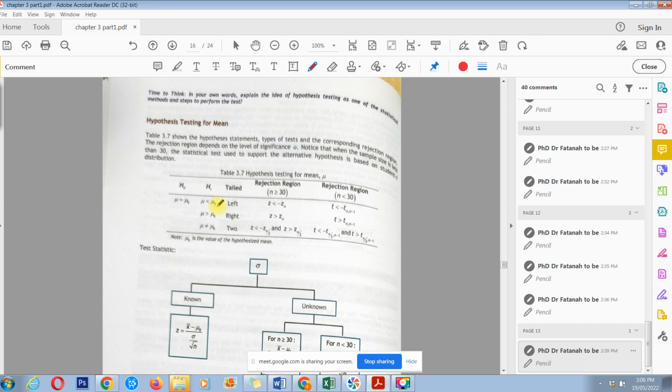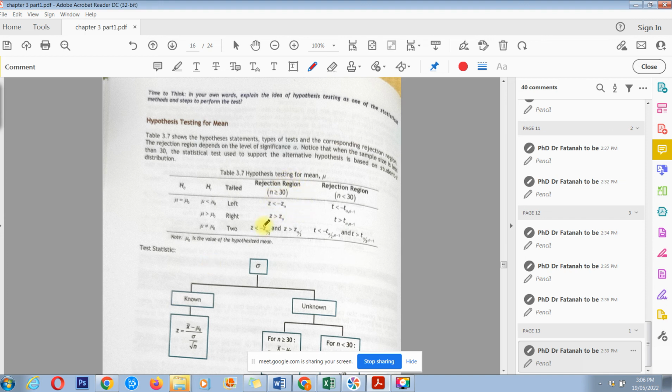So the difference is based on the tail that we consider. If left tail, we have less than, and if two tail, we have not equal for H1.